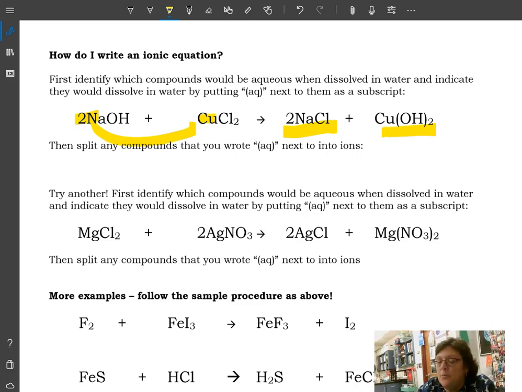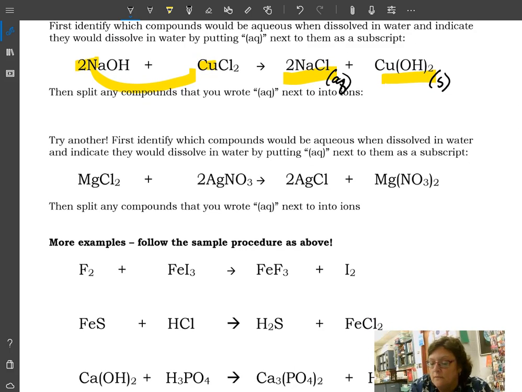When this happens, we can look at the two new compounds and see whether they will dissolve or precipitate. Sodium chloride, of course, will dissolve because it's sodium, so we put aq. Copper 2 hydroxide, however, is going to precipitate. It's going to form a solid.